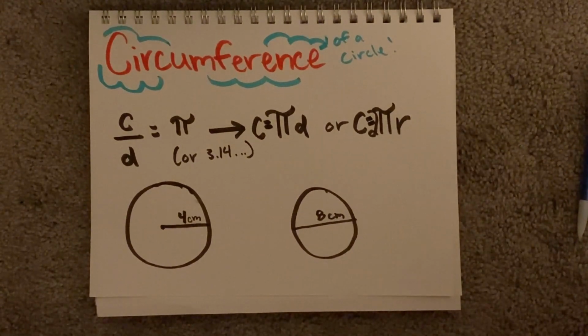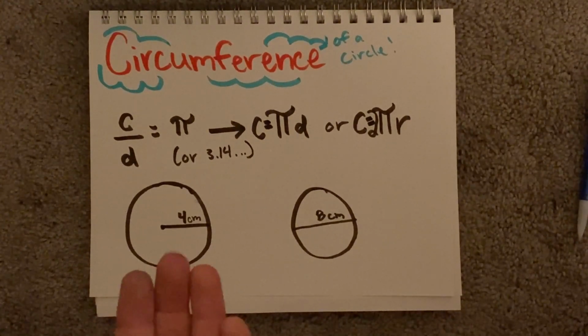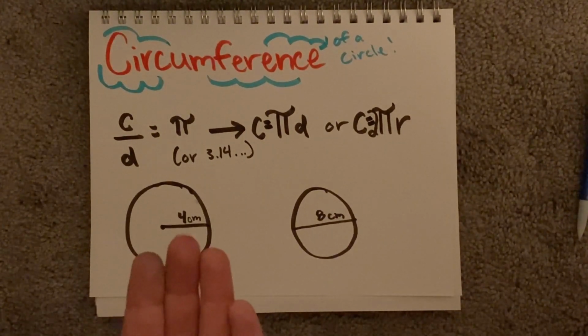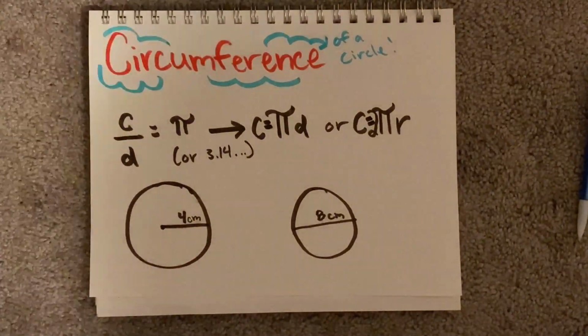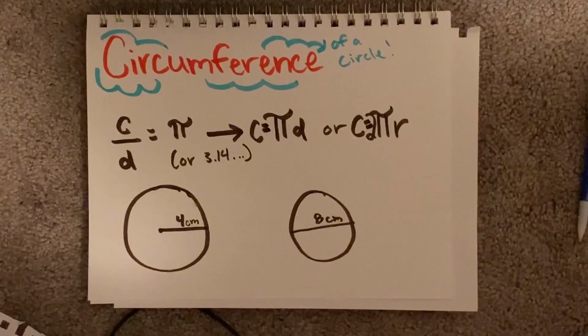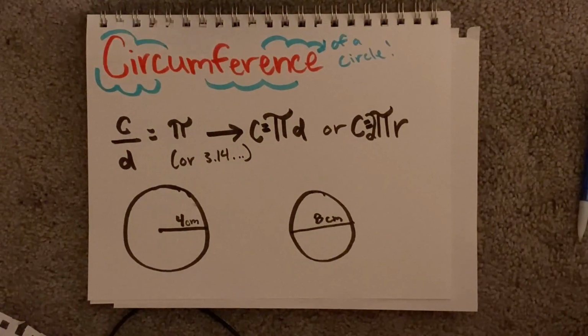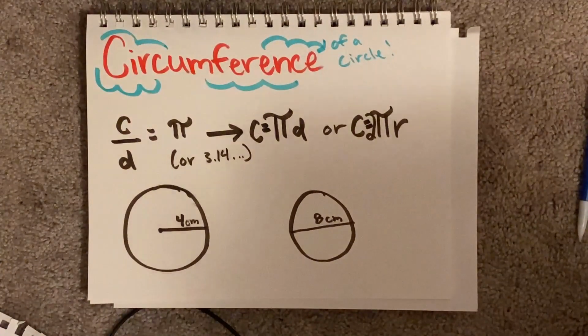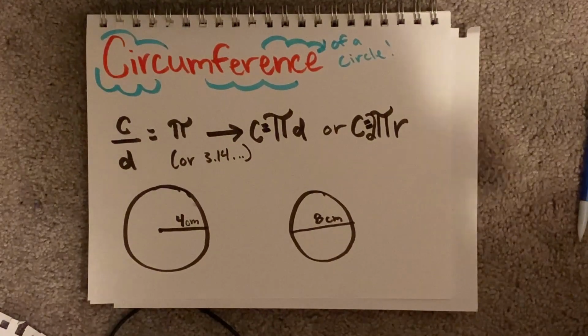So for this example, I've actually got 2 different ones. This includes a circle with the radius of 4 centimeters. So if we use our formula, our problem is going to be C equals 2 times pi times r, which is going to be 2 times pi, or 3.14 approximately, times the radius of 4 centimeters, which is going to come out to be 25.13, or 8 pi.